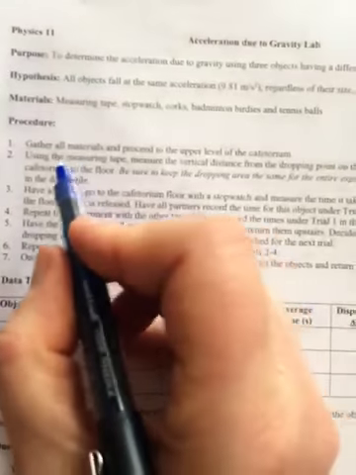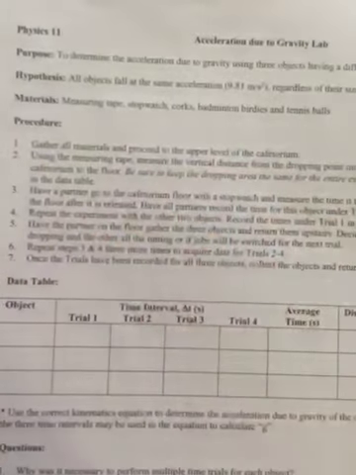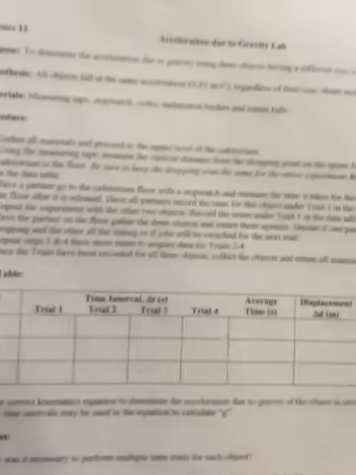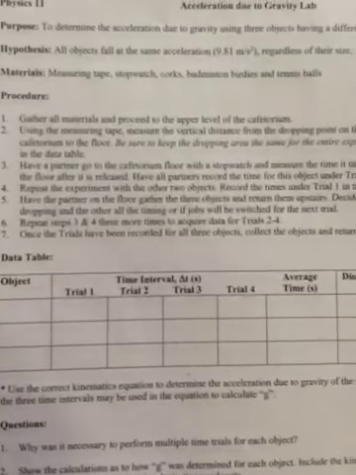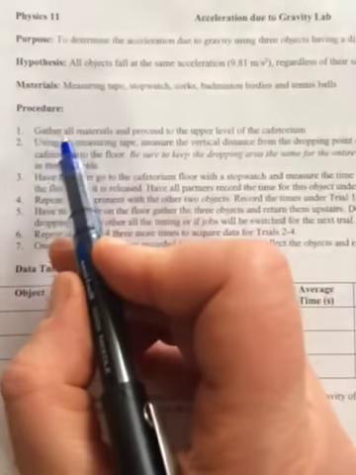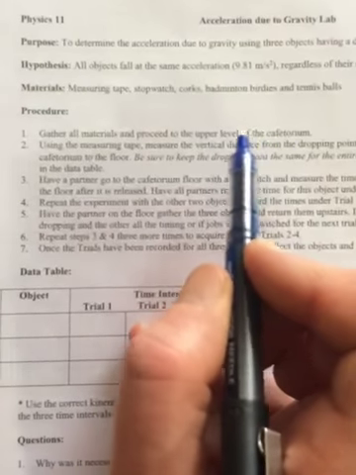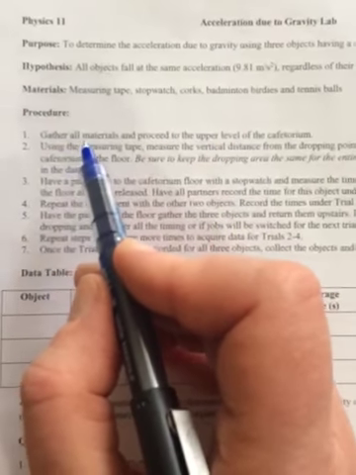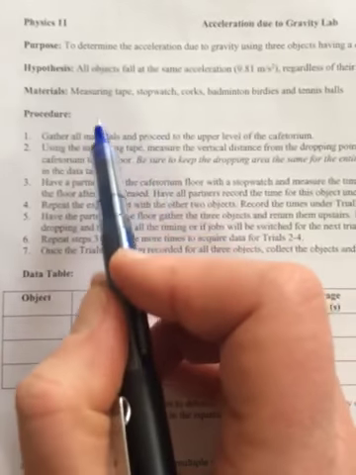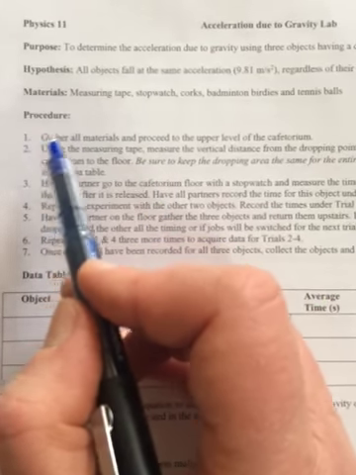You actually have to change the words around because these are command statements and you can't have past tense command statements. So what I mean by that is like sentence 1 says, gather all materials and proceed to the upper level of the cafeteria. You wouldn't just say gathered all the materials. You would say all the materials were gathered.